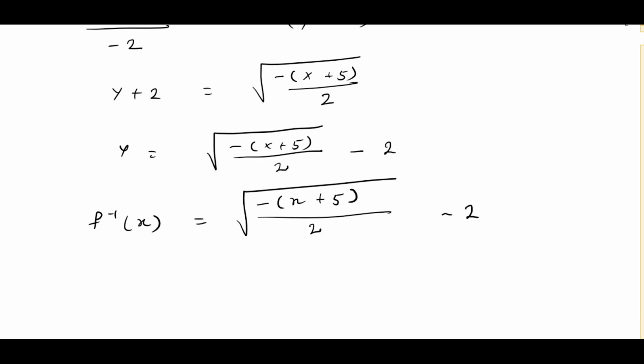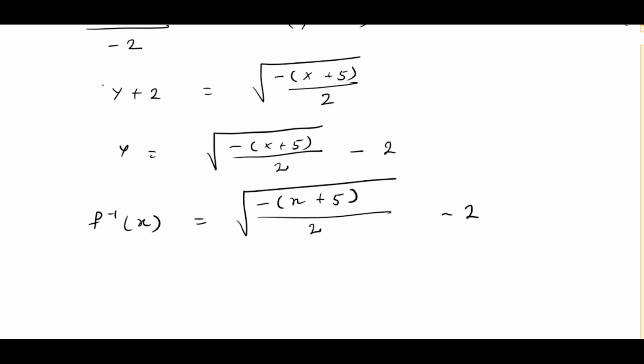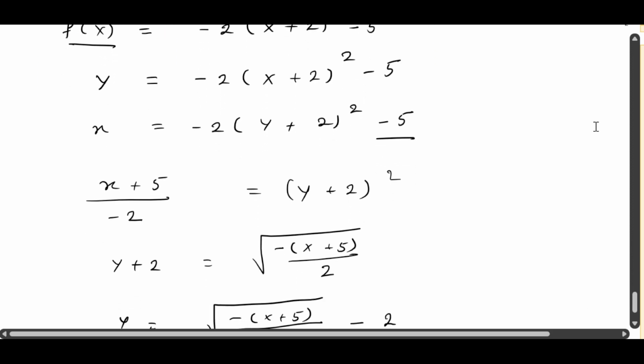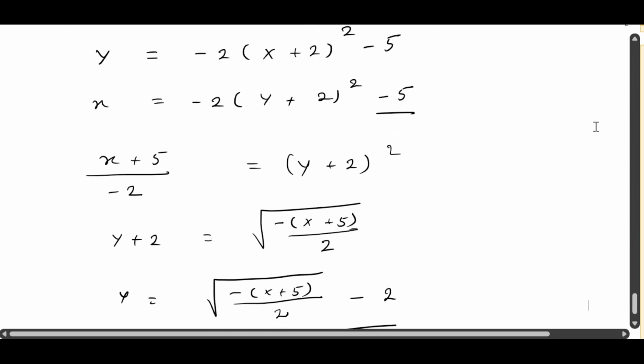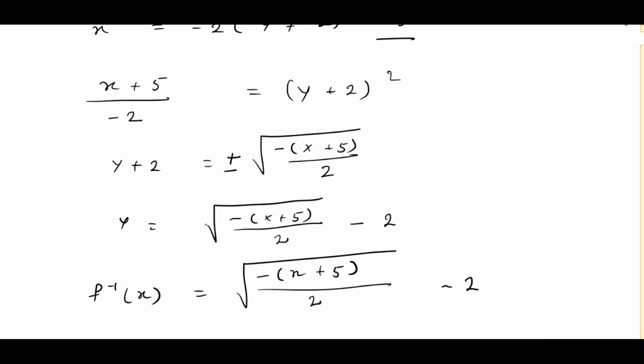We can get a positive value or a negative value. Here, at this stage when I took the square root, there are two chances. If x square is given as 4, then you will say that x is plus 2 or minus 2. So here also it should be plus or minus.